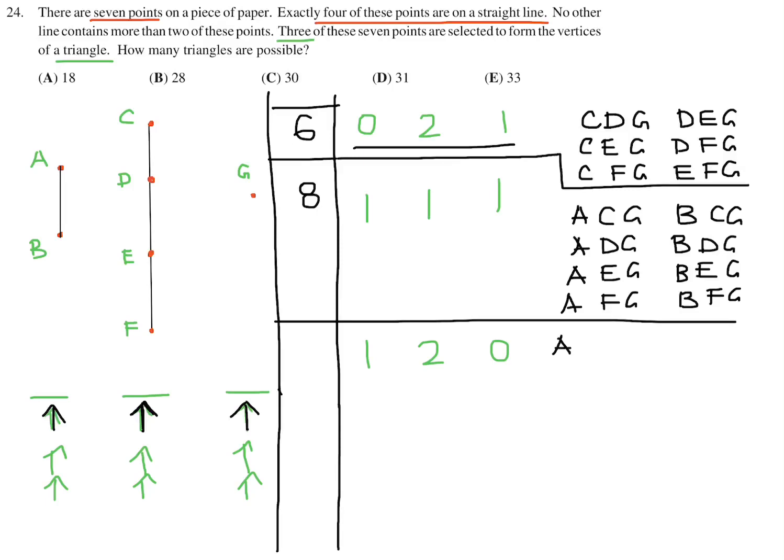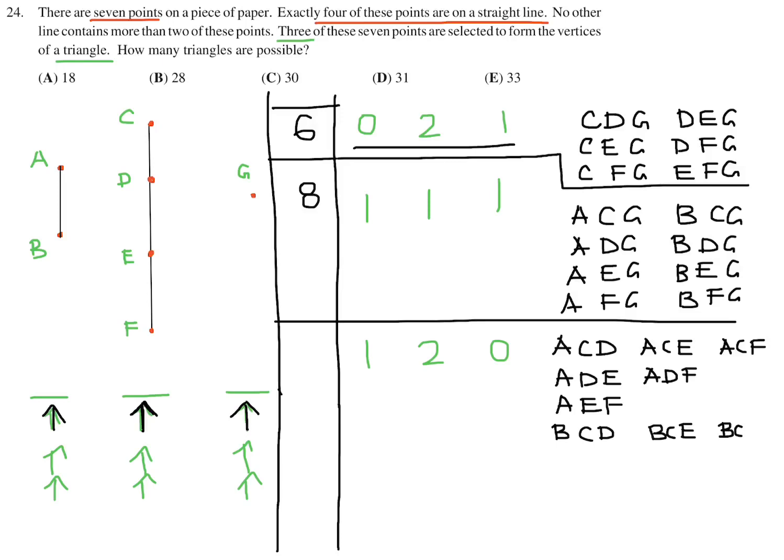A, C, D, A, C, E, A, C, F, A, D, E, A, D, F, and A, E, F. Now let's work with B. B, C, D, B, C, E, B, C, F, B, D, E, B, D, F, and finally B, E, F. So this gives us 6, and another 6. So this gives us 12.